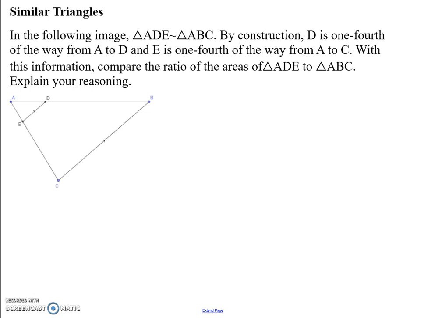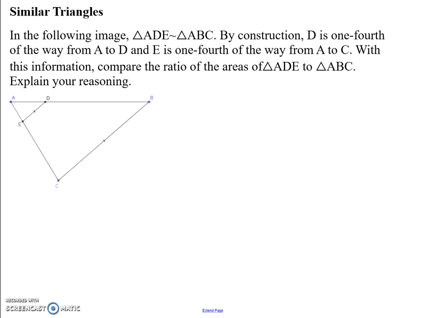Now the next problem asks us to look at the idea that it tells me that AD is 1/4 of the way to DB. So I know that in essence, if I think about this, I have similar triangles.